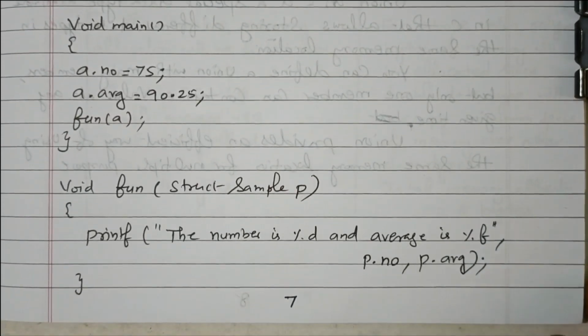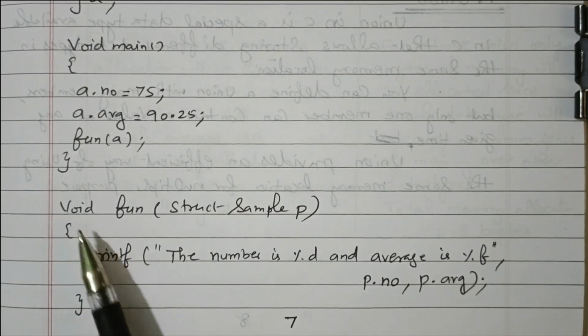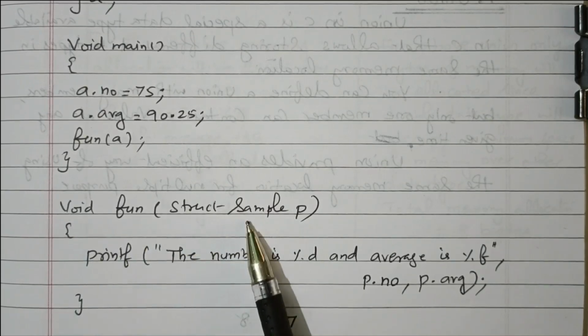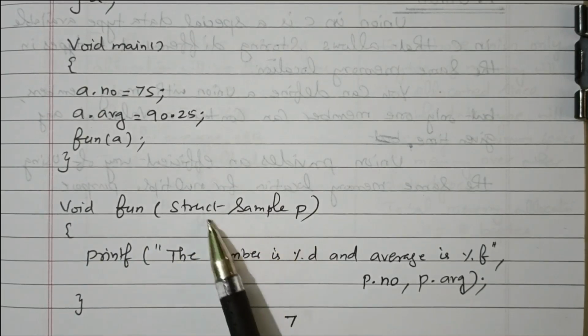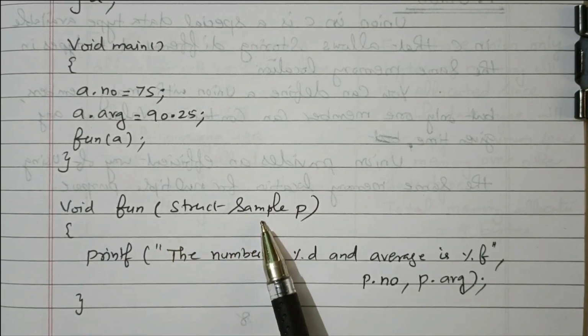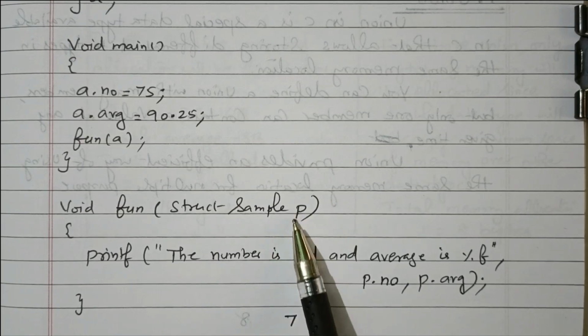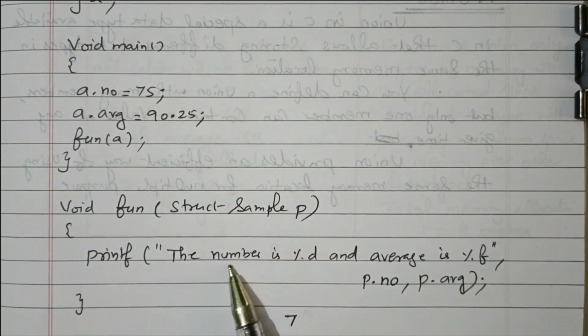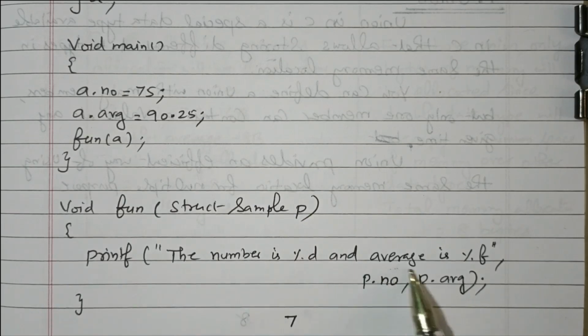Inside the function, void fun(struct sample p). So this is the keyword, fun is the function name, and sample is the structure name. p is created here. printf, the number is %d, average is %f, p.number, p.average, right?